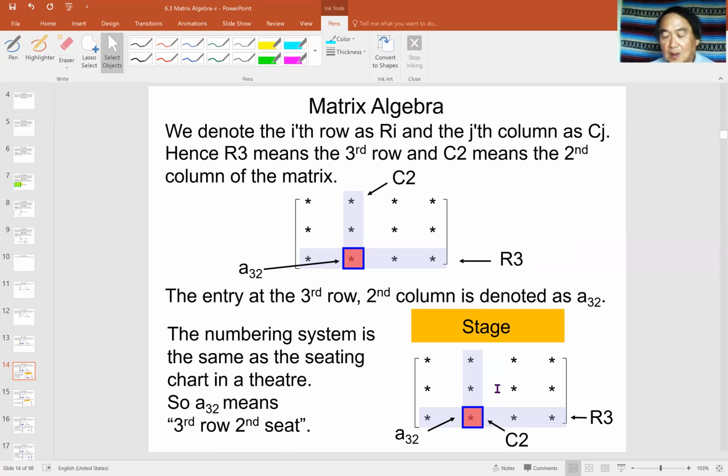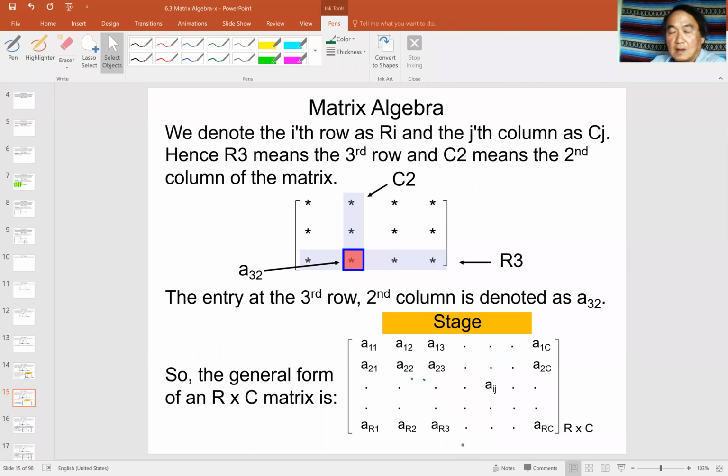The seat 3, 2 means here's the door, here's the entrance, you come in, you go to row 3, and then seat 2. That's the entry 3, 2. So that's how we label the position of the entries.